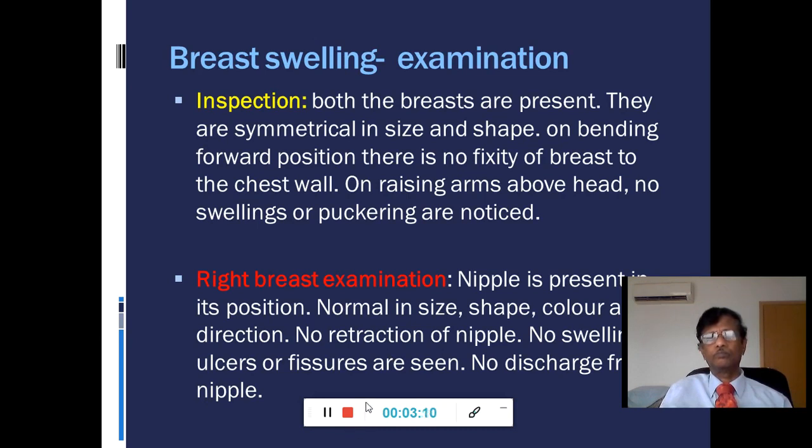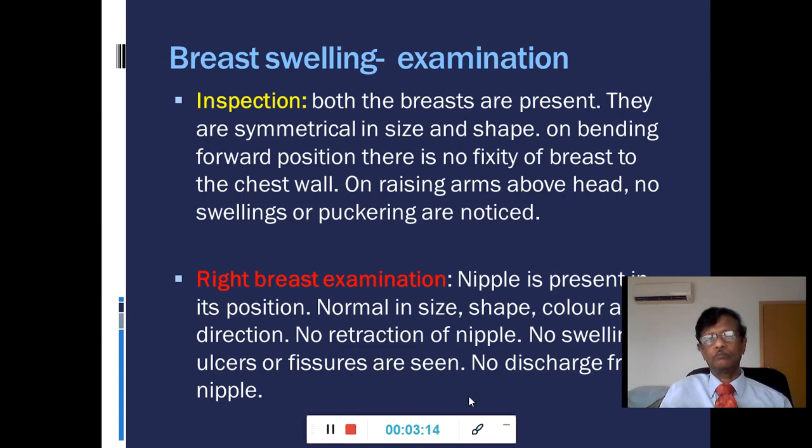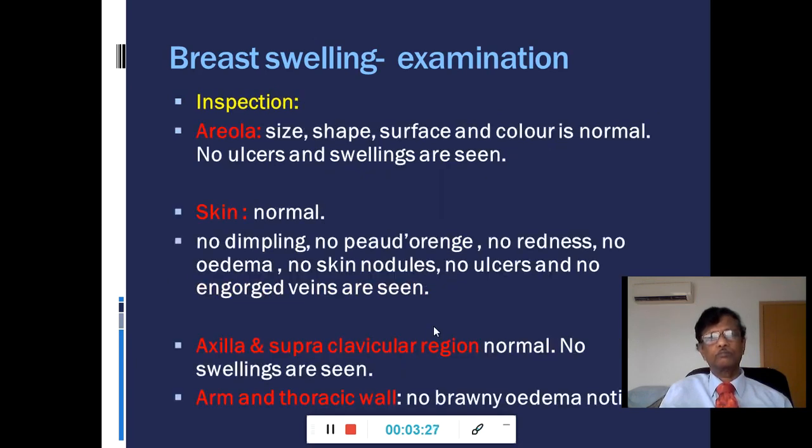Right breast examination. The nipple is present in its position, normal in size, shape, color and direction. No retraction of the nipple. No swellings, ulcers or fissures are seen. No discharge from the nipple. Areola: size, shape, surface and color are normal.